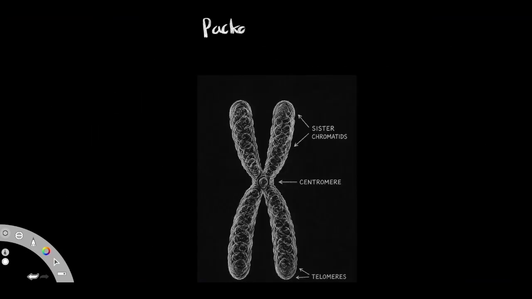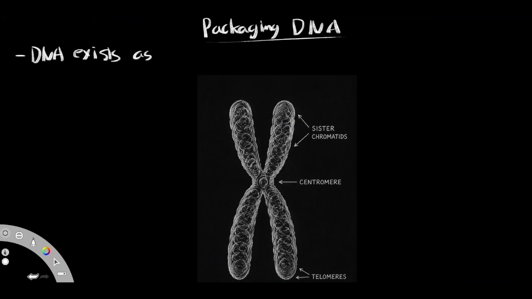All right, so packaging DNA. So DNA exists as chromatin. And they're kind of like spaghetti looking strands of its genetic material and some protein. Okay, so there's like some protein histones as well.